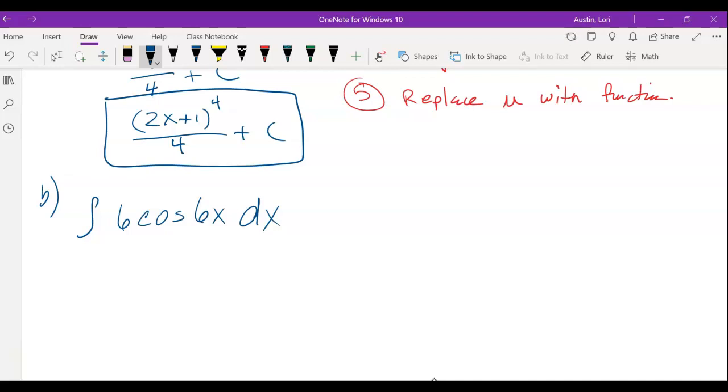When you look at this problem, the first thing you want to say is, what's my u? u is that inner function. Think of cosine as the outer function. So what's the u, everybody? No, just the 6x. It's the inner function.